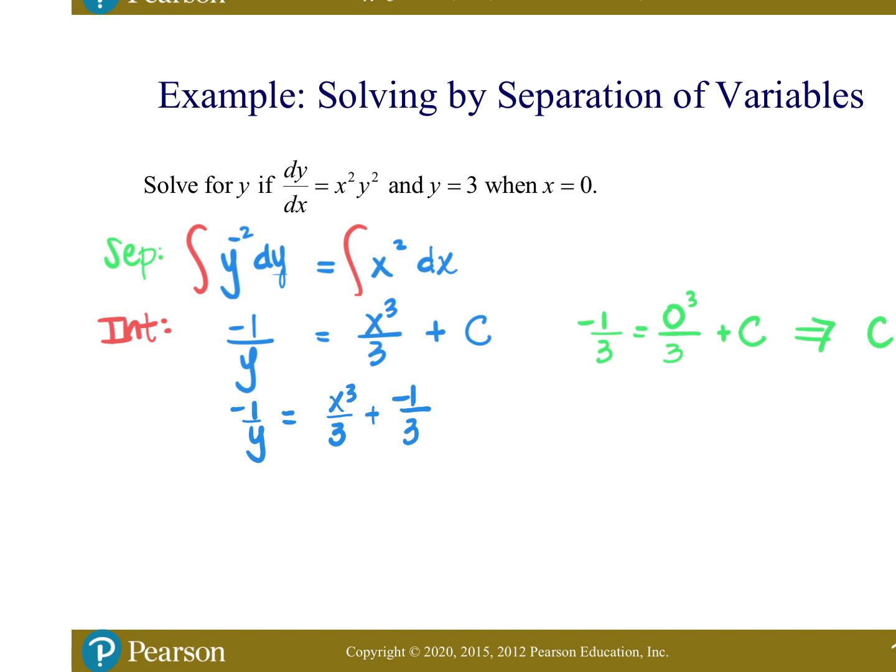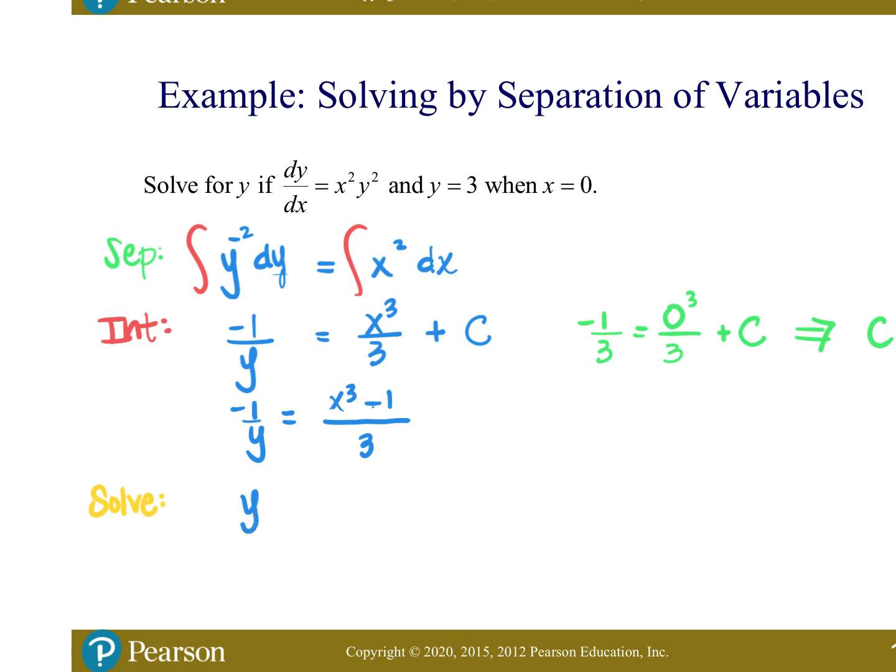So then we could consolidate this and write it as a common denominator. So I'd have x cubed minus 1 over the common denominator of 3. That just leads us to easier algebra when we're ready to solve. So we can apply the reciprocal rule.